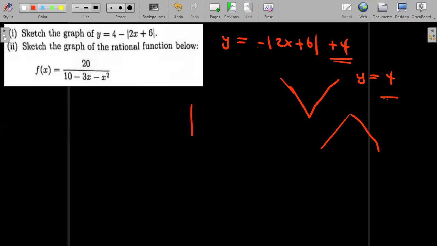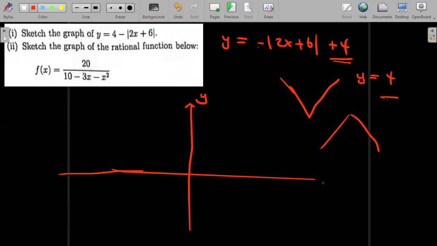So you draw the xy plane, you have your y, and you have your x here. So equate what is inside to 0. You have 2x plus 6 equal to 0, and you just have 2x equal to -6, divided by 2, you get x is equal to -3.